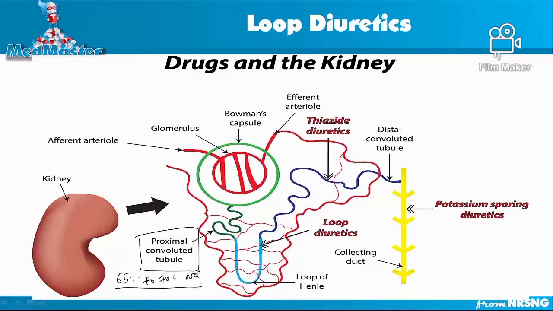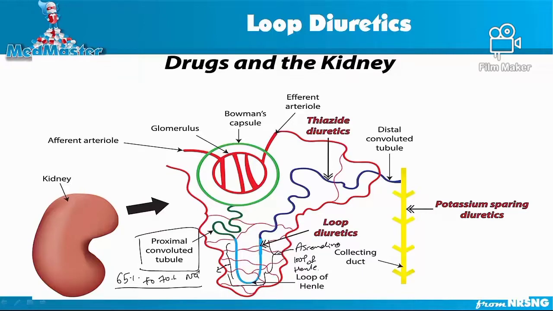So 65 to 70% of sodium is going to get reabsorbed no matter what diuretic we give. However, this is called the descending loop of Henle. This is the loop of Henle, and this is the ascending loop of Henle.